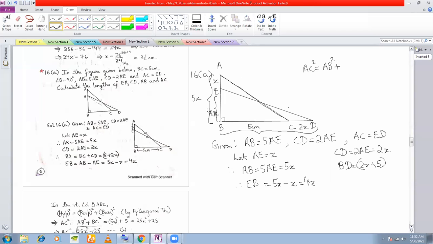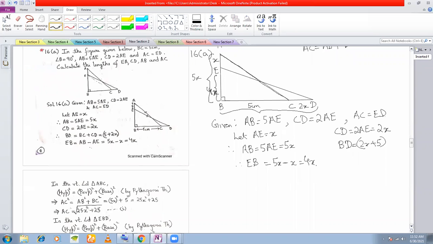So now AC is the hypotenuse of triangle ABC. So if we apply Pythagoras theorem in that triangle, AC square hypotenuse square is equal to perpendicular AB square plus BC square, right? So we now write it here. AC square is equal to AB square plus BC square. Now we see what are the values here.